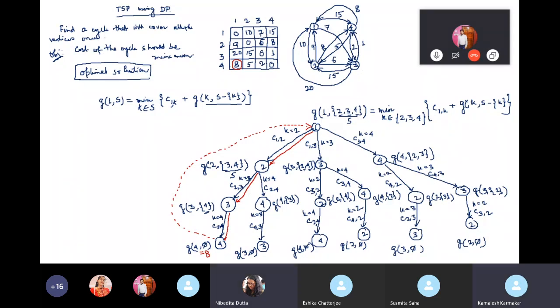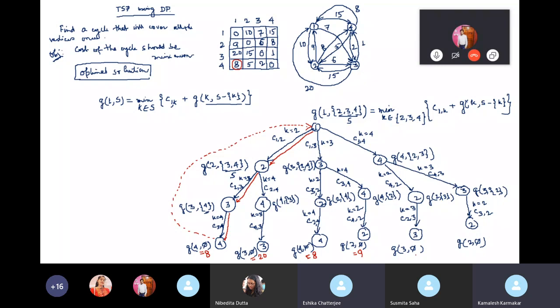Then G35, 3 to 5. So 3 to 1, this cost is 20. Now 4 to 1, this cost is 8. 2 to 1, this cost is 9.